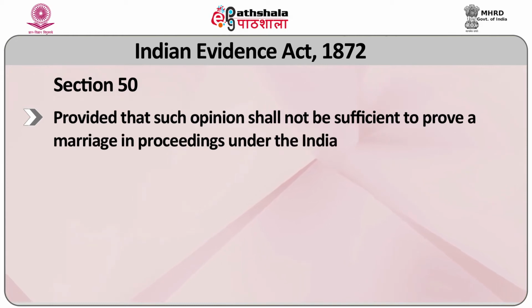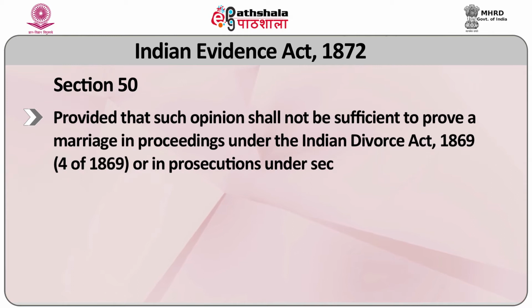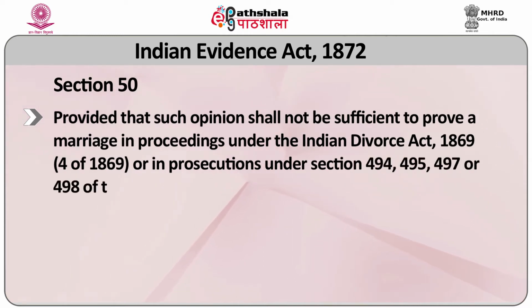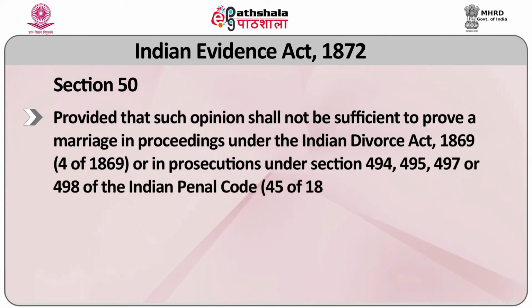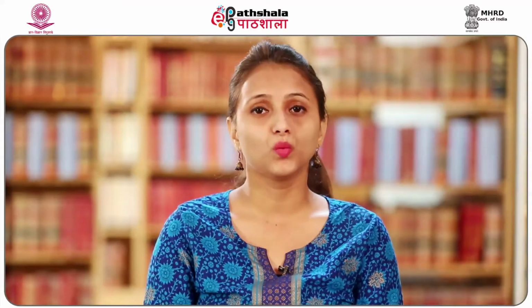in proceedings under the Indian Divorce Act 1869 or in prosecutions under section 494, 495, 497 or 498 of the Indian Penal Code. Illustrations. First, the question is whether A and B were married. The fact that they were usually received and treated by their friends as husband and wife is relevant.